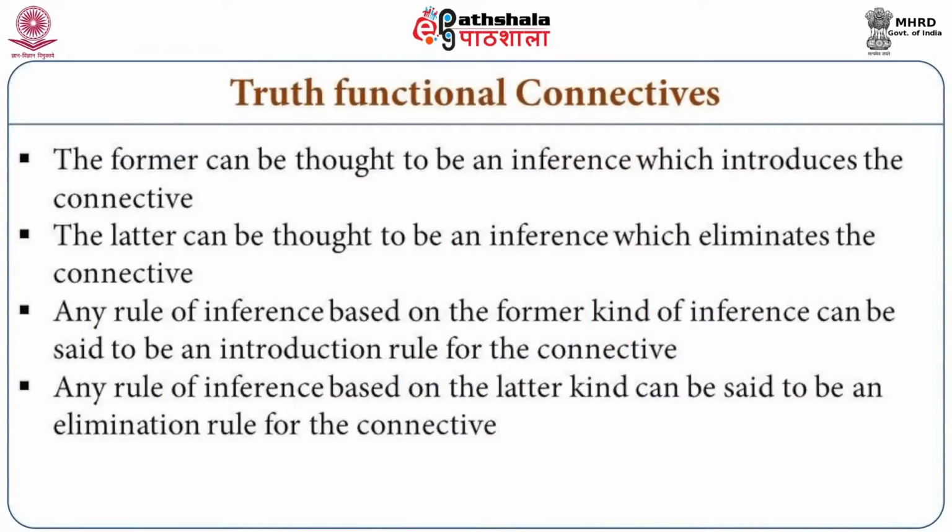In the former case, we are trying to introduce a new connective. In the latter case, we are inferring a sentence without a connective, so we are trying to eliminate a connective. Accordingly, in the first case, where a connective is being introduced, it is called an introduction rule. In the latter case, where we infer a sentence without involving the connective, it is called an elimination rule.